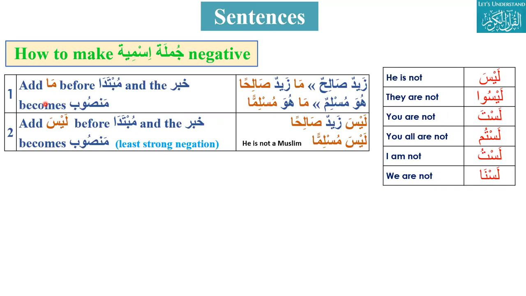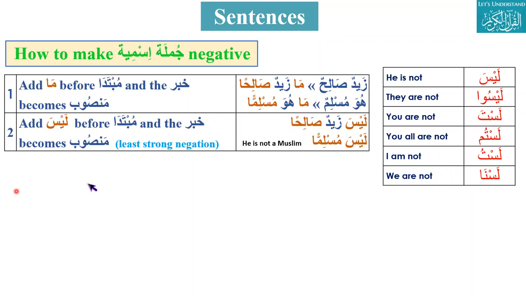Like kana, he was. Similarly, there are many others, like sora and kana and its sisters. There is a complete list, and laysa is also one of them. We will discuss this. They don't give complete sense or complete information. That's why they are called if'al naqisa, and we should not confuse them with a jumla fi'liya, a verbal sentence.